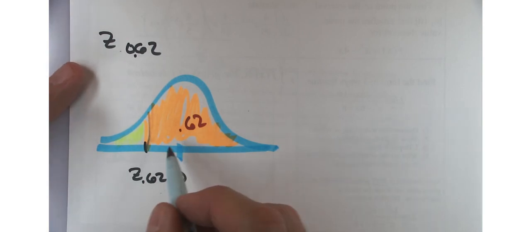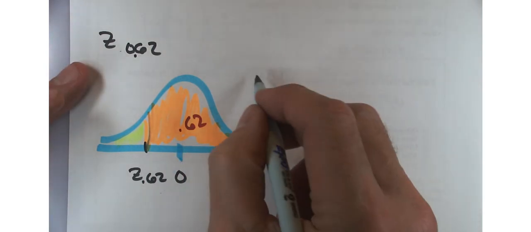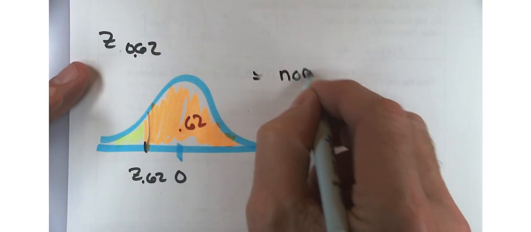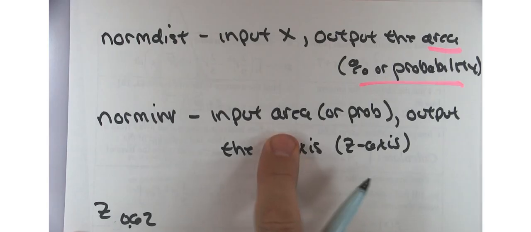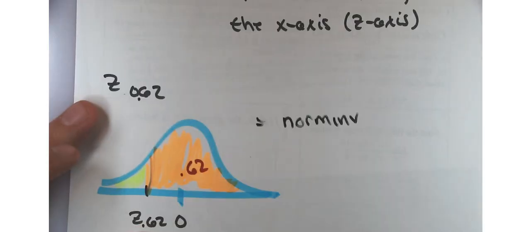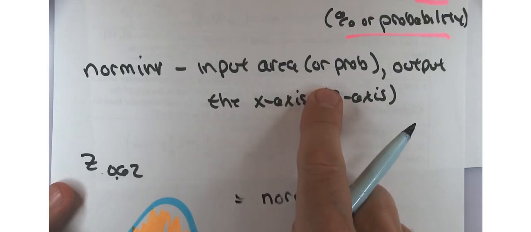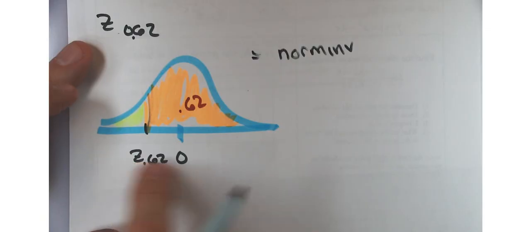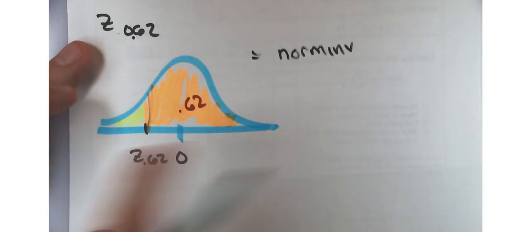What do I have to do to find this area? Well, our norm inverse command starts out with an area and outputs a value on the x-axis, which seems like what we want because we're looking for this value that's on our x or z-axis, depending on what you want to call it.